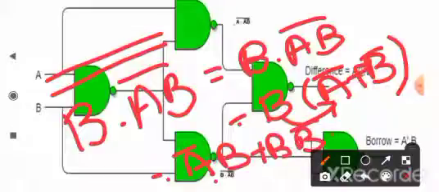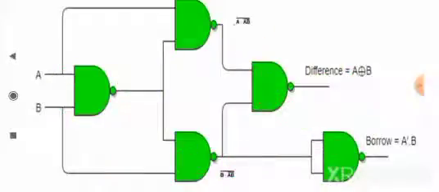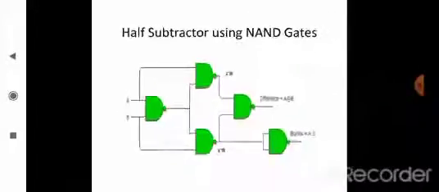B into B complement is equal to 0. Then we get the result as A complement B. That's why we get the borrow as A complement B. Fine, so this is how we can realize the half subtractor using NAND gates.